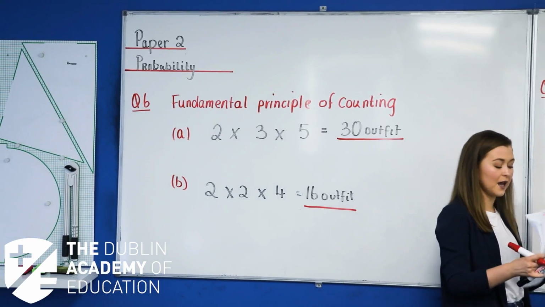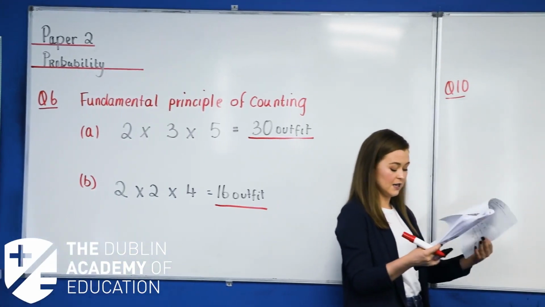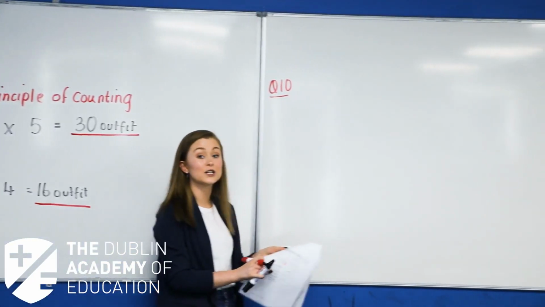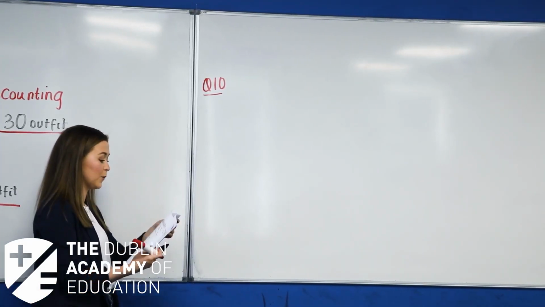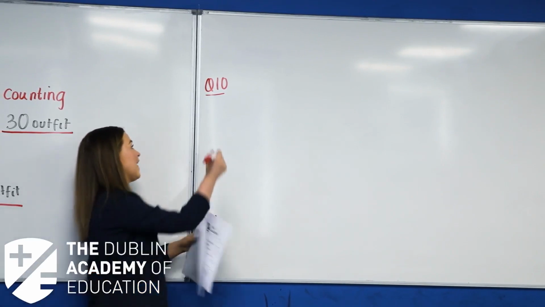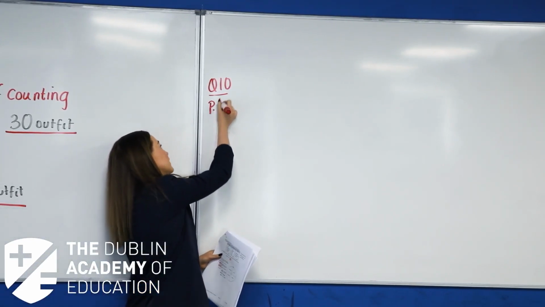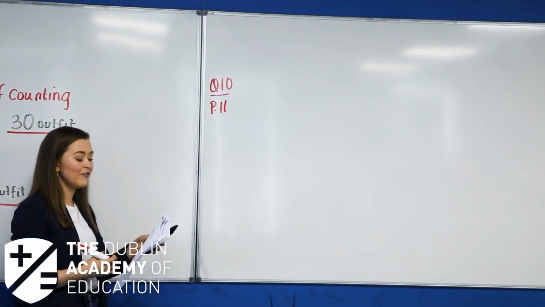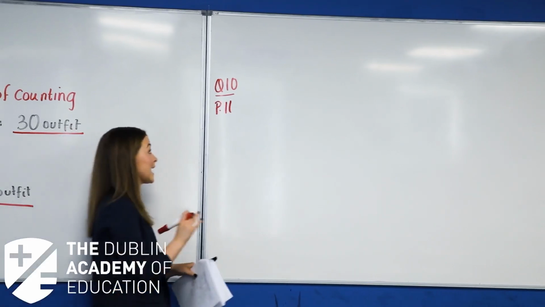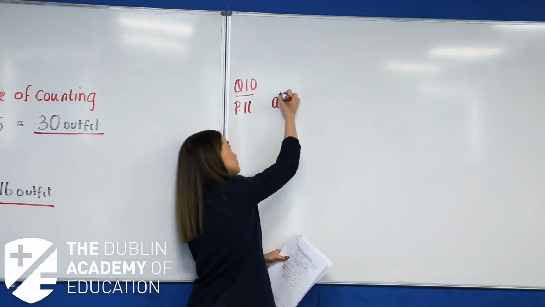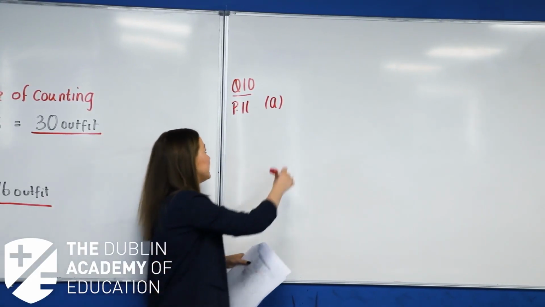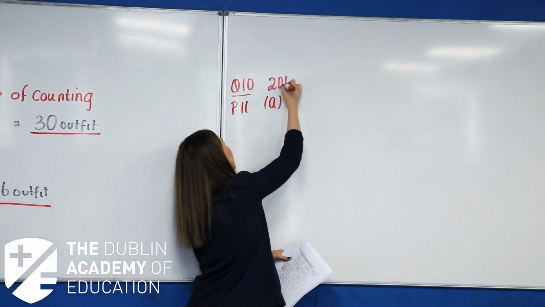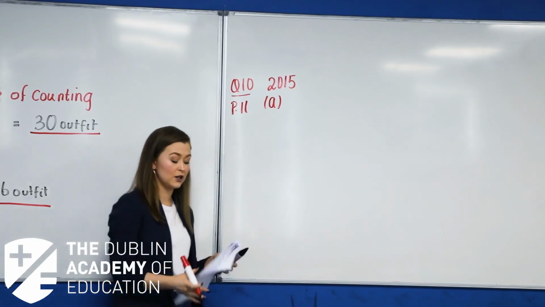So jotting across the page to question number 10 here. What we have for question number 10, apologies, page number 11. I'll just jot it down here. Now on page number 11, we're going to look at part A for the moment. Here this is a 2015 question, so if you want to jot that in there, it's 2015's question.